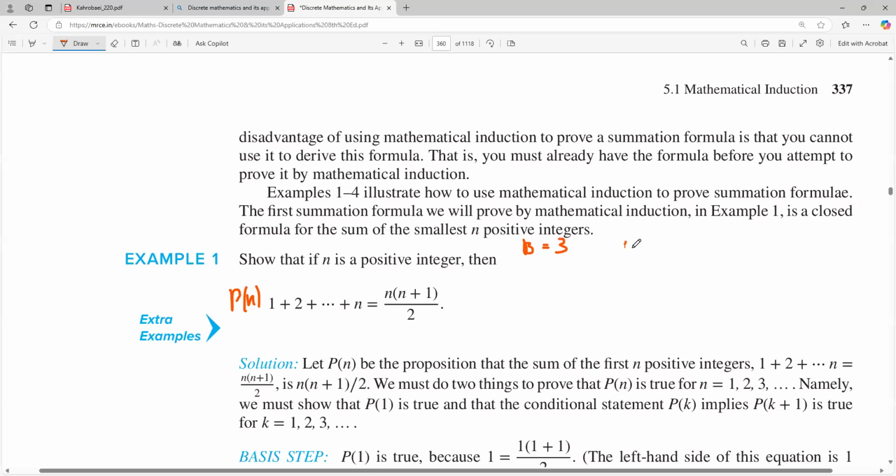All right, so 1 plus 2 plus 3 is equal to 3 times (3 plus 1) over 2. That's 3 times 4, which is 12. 12 over 2 is 6. And what we see, 1 plus 2 is 3. 3 plus 3 is 6. So it's true. Passes the base case, right?